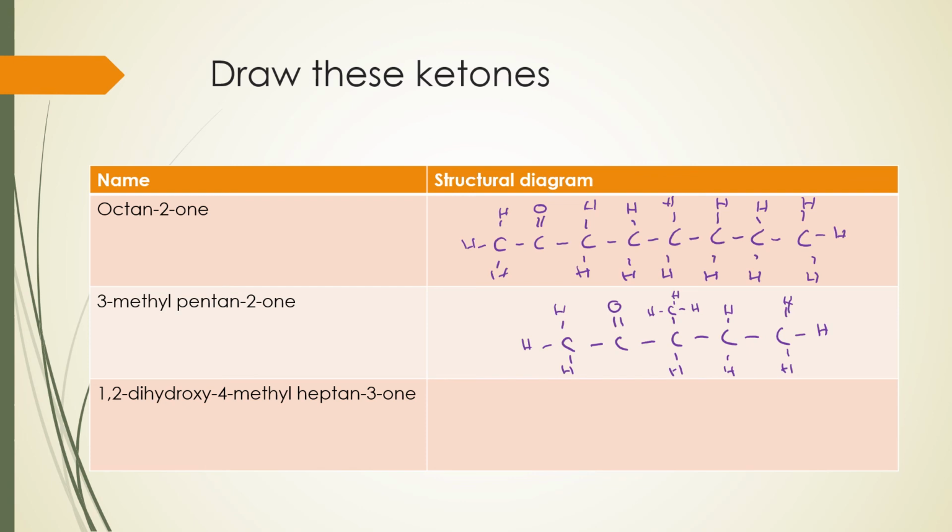This is a long one. Heptan-3-one. 1, 2, 3, 4, 5, 6, 7. There's the ketone, 4-methyl, 1,2-hydroxy.